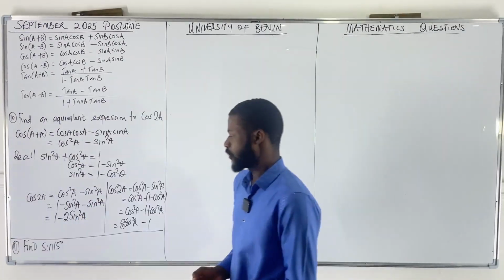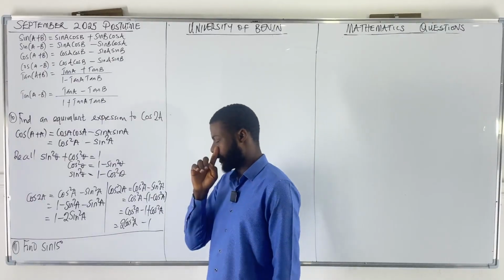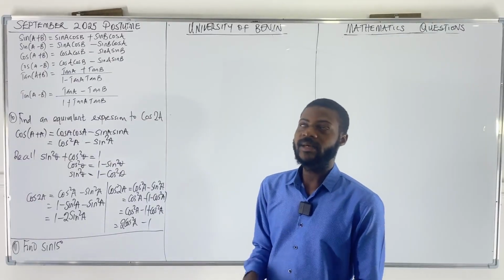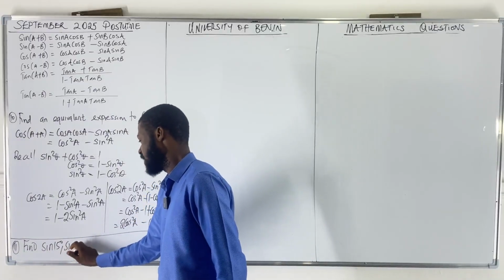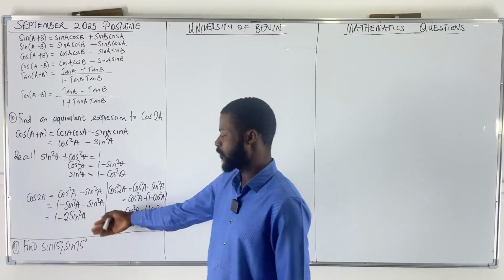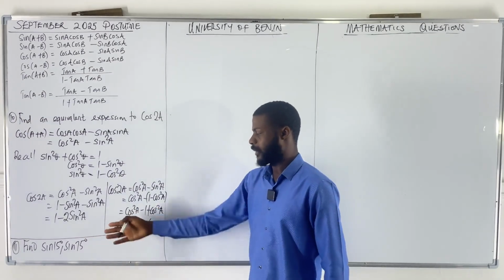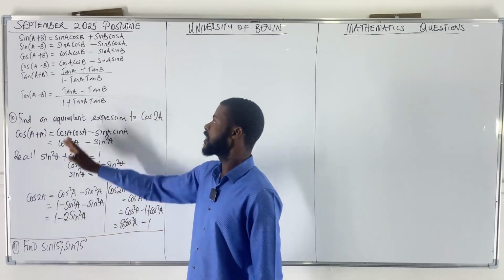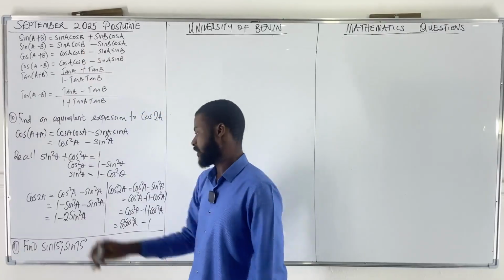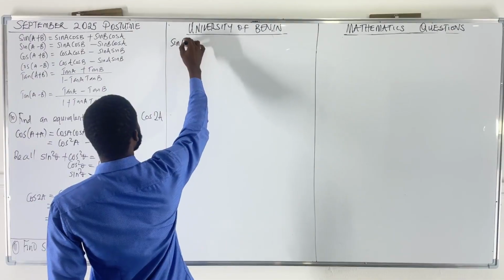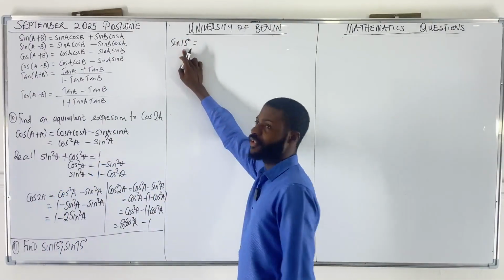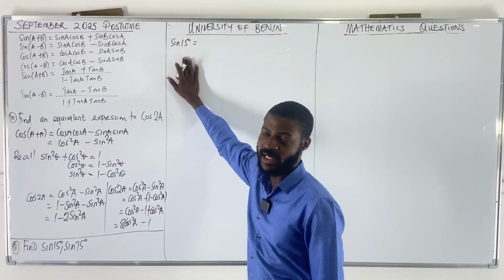Next question. Question 11 says find sine 15 degrees. In the exam sometimes they've given questions like sine 15, sine 75, and the cosine or the tan of it. So you can be given any of these. That's where the usefulness of this comes in. I'm only going to do the sine 15. Now, sine 15 degrees. We know that 15 is not a special angle.